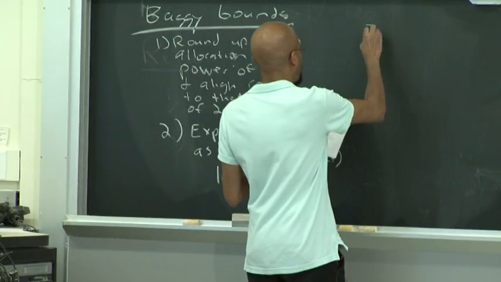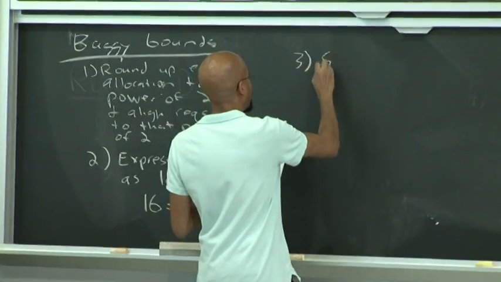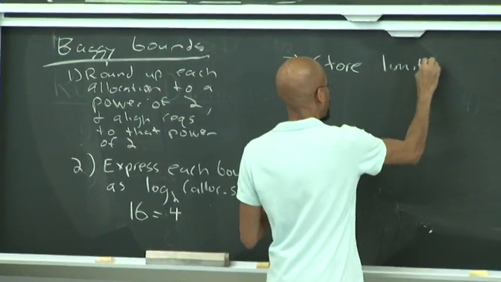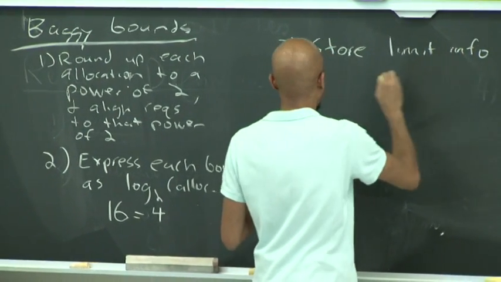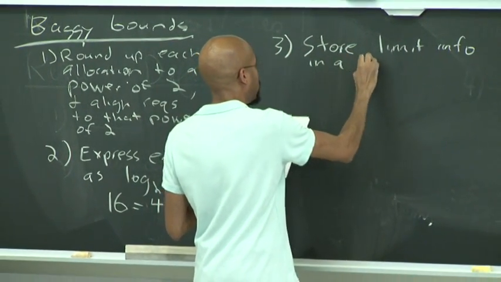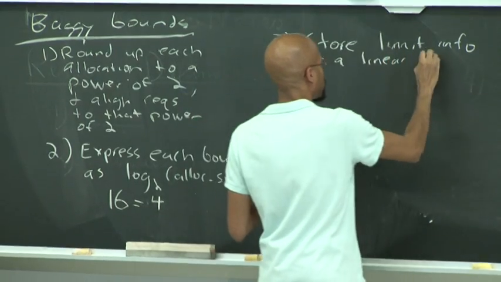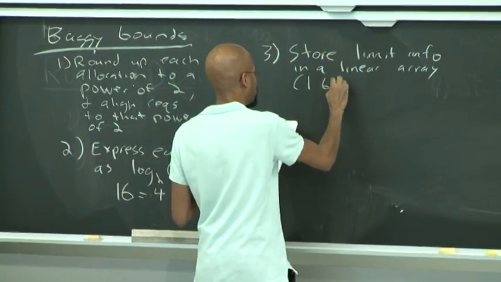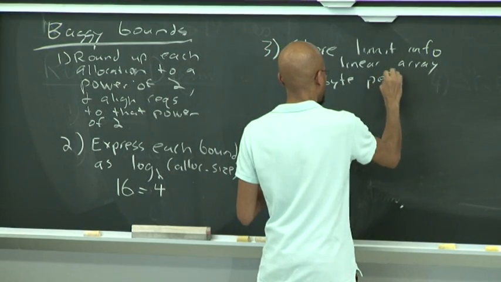And then the third thing that baggy bounds is going to do is store the limit info in a linear array, 1 byte per entry.